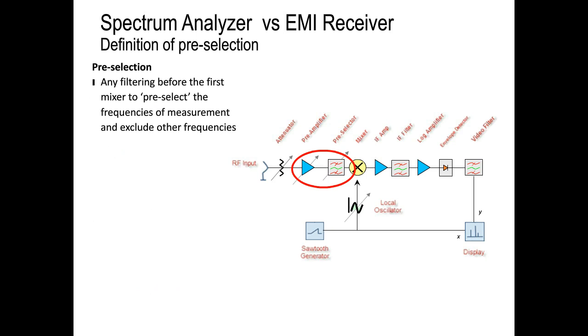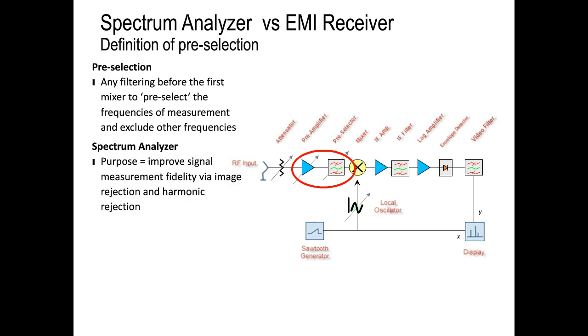So pre-selection, what is it? From a technical definition, pre-selection is any filtering before that first mixer to pre-select the frequencies of measurement and exclude other frequencies. So you are pre-selecting what you want to look at. A spectrum analyzer, you can say it has pre-selection because it does, but the purpose of the pre-selection is improved signal measurement fidelity via image rejection or harmonic rejection.